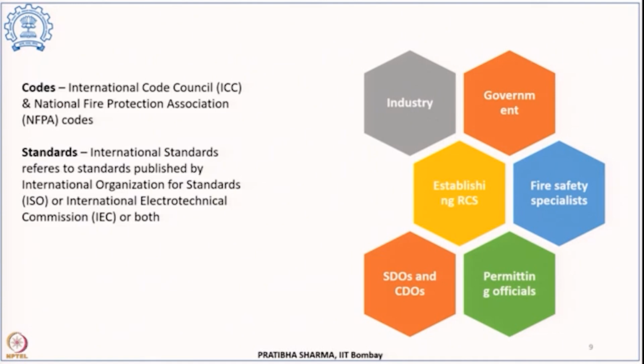These are the national standards, but some of the standards are globally accepted. So there are committees which come up with the different standards. The international standards refer to standards published by the International Organization for Standards, ISO, or the International Electrotechnical Commission, IEC, or it could be by both.